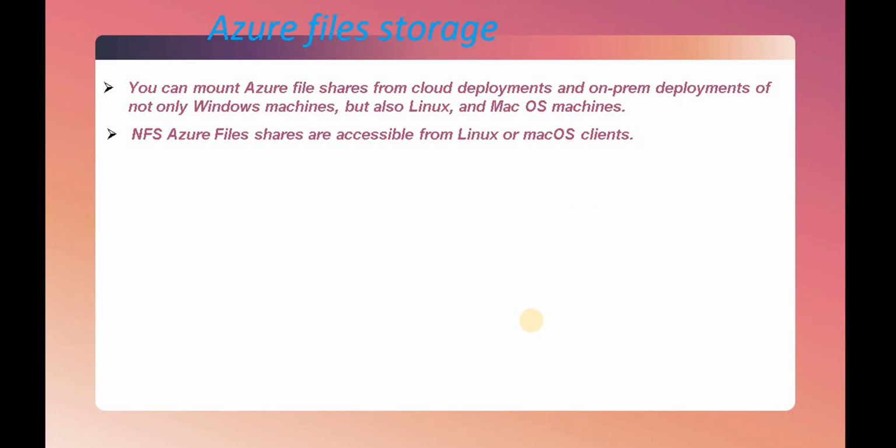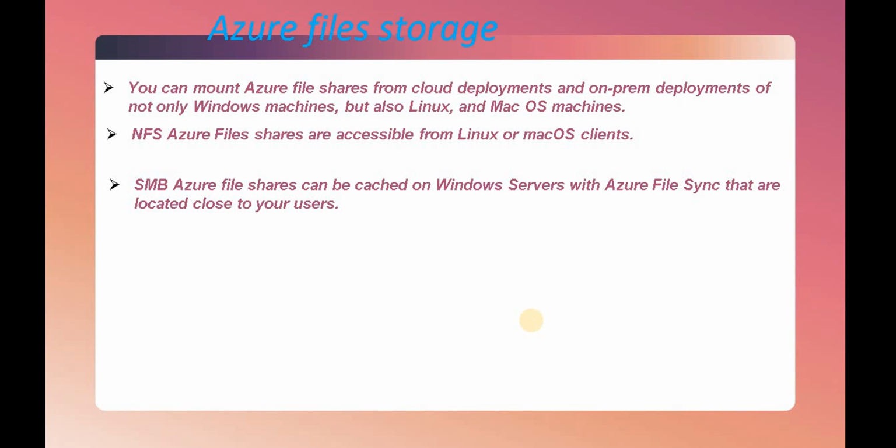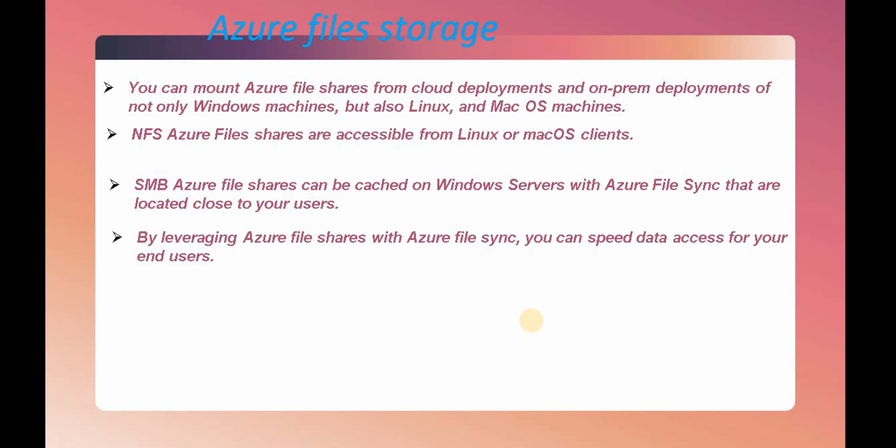Apart from that, NFS Azure files, meaning Network File System Azure file shares, are accessible from Linux or Mac OS clients, and SMB Azure file shares can be cached on Windows Server with Azure File Sync that are located close to your users.